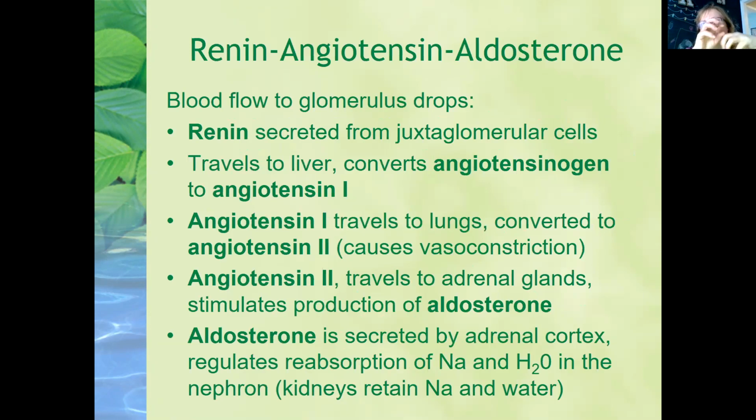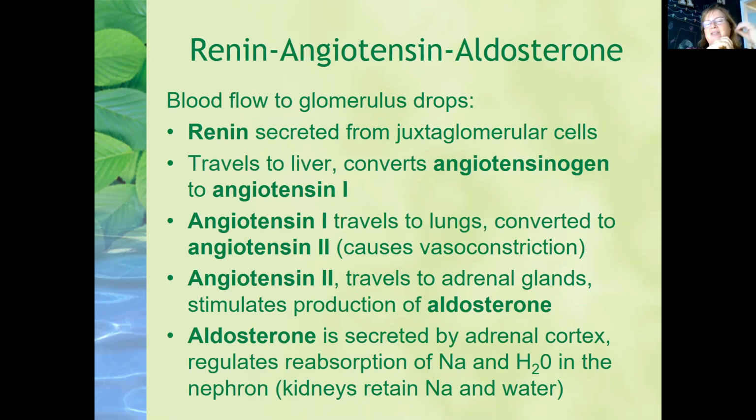It creates a chemical response in our liver where angiotensinogen is converted to angiotensin 1. Now that angiotensin 1 is circulating in our bloodstream, and its target organ is the lungs. And at the level of our lungs, angiotensin 1 converts to angiotensin 2. So we've got this cascade. We started at our kidney, we went to our liver, now we've gone to our lung.